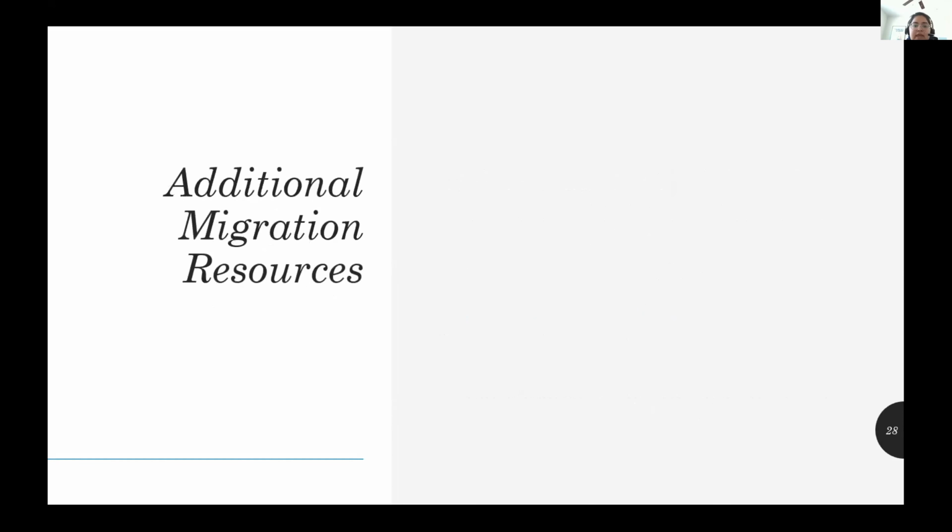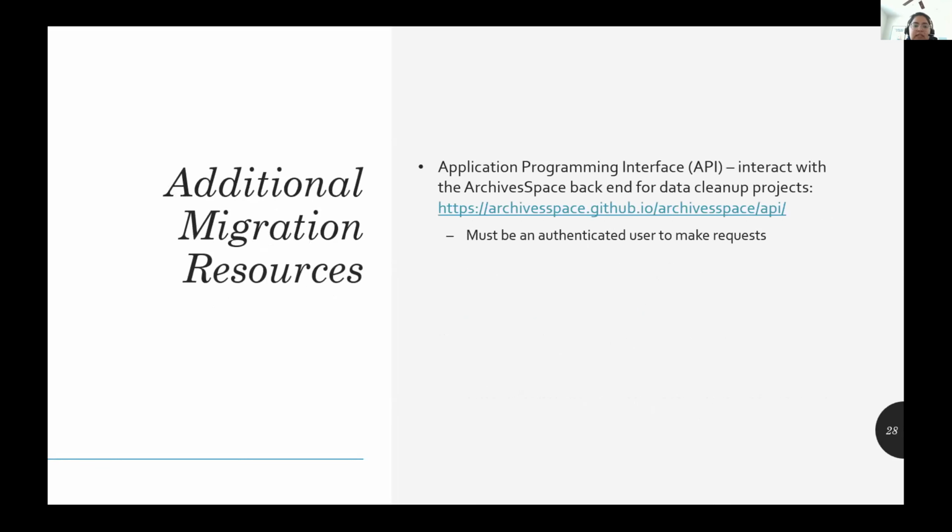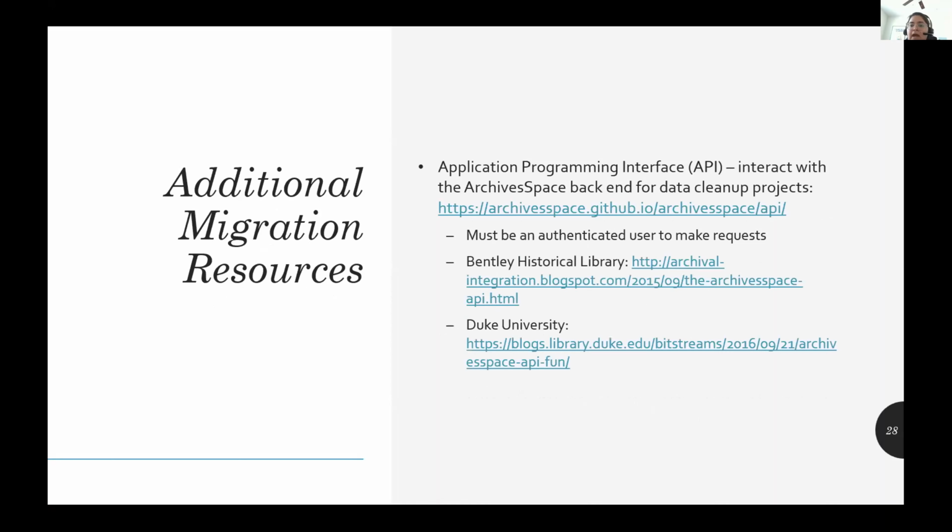All right, and then on the next slide, additional migration resources. You can use the application programming interface, or the API, and it requires an authenticated user to interact with the ArchivesSpace backend for data cleanup projects.